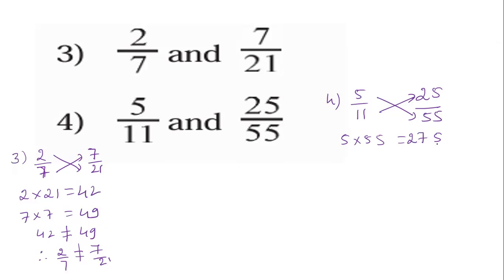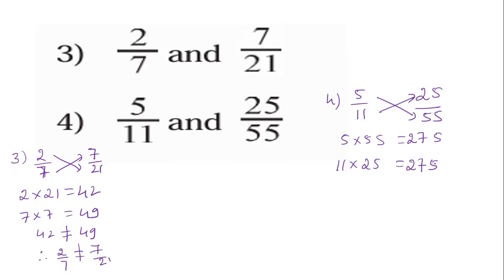This becomes 275. 11 into 25: 11 times 5 is 55, carry 5, 11 times 2 is 22, plus 5, 27.